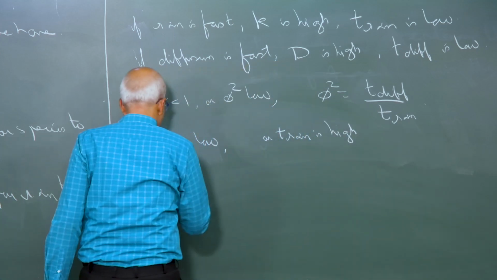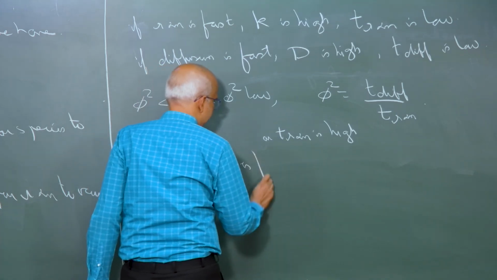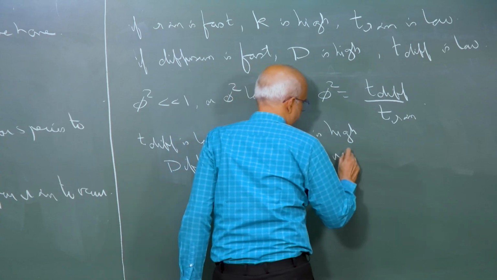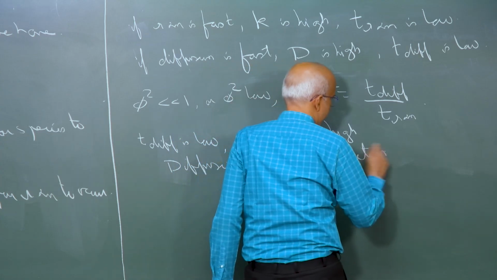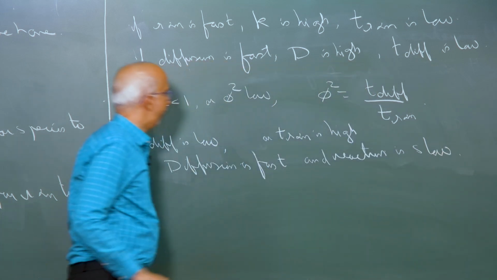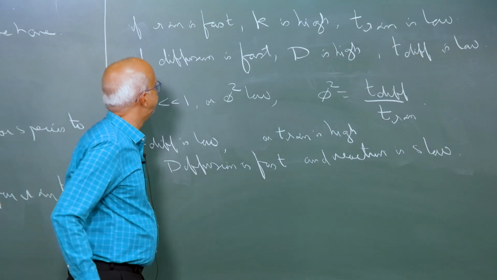That means diffusion is fast and reaction is slow. T reaction is high, that means K is low.